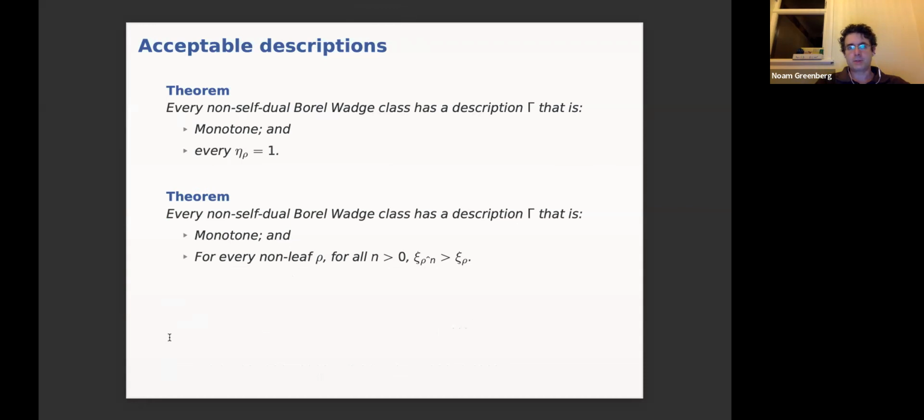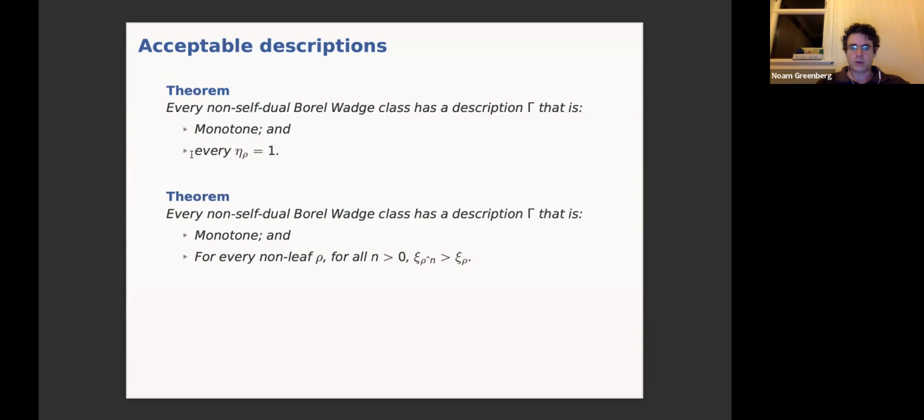So an acceptable description is a description that satisfies one of those two definitions. So every non-self-dual Borel Wadge class has a description that is monotone, so that this has a really regular shape at every non-leaf.